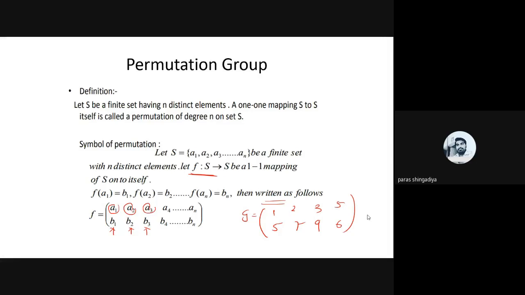Clear? So this is called permutation. We have a one-to-one function f on S, where f of a1 is b1, f of a2 is b2, f of an is bn. And its notation form is a1 to b1, a2 to b2, a3 to b3, a4 to b4, up to an to bn. So this is called permutation.